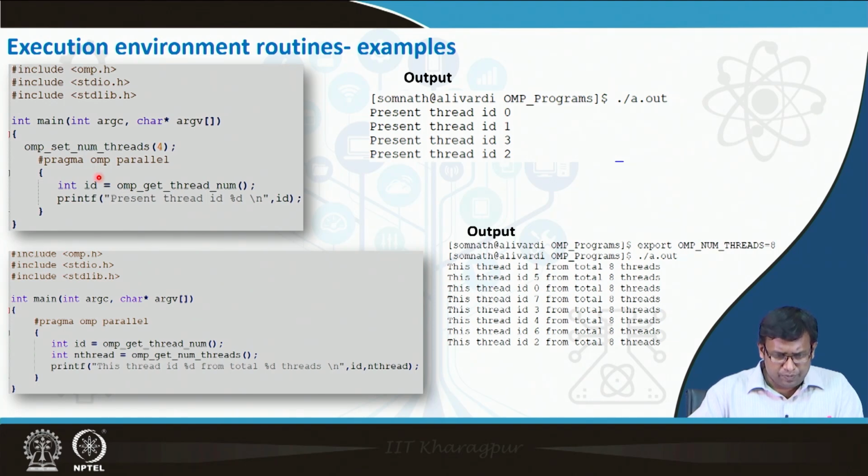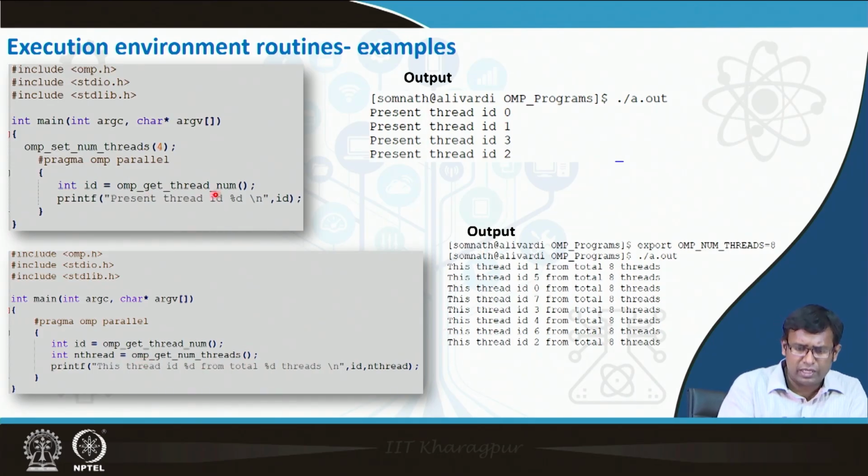Similarly, if we do not set the number of threads inside the program, we execute this program and the number of threads is set by default or by the environment variable outside the program. While running the program we need to know how many threads are running, and that will be done by OMP get num threads, which will give us the number of threads.